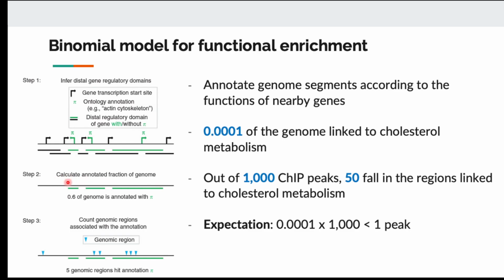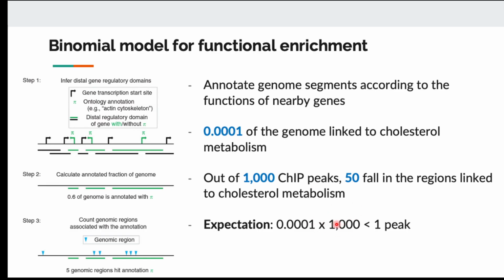Because let's say you throw your ChIP-seq peak, it can occur anywhere in the genome. So the probability that you hit the green region, which is linked to cholesterol metabolism, is the fraction of the genome annotated with the green region, which is 0.0001. So you have some expectation.